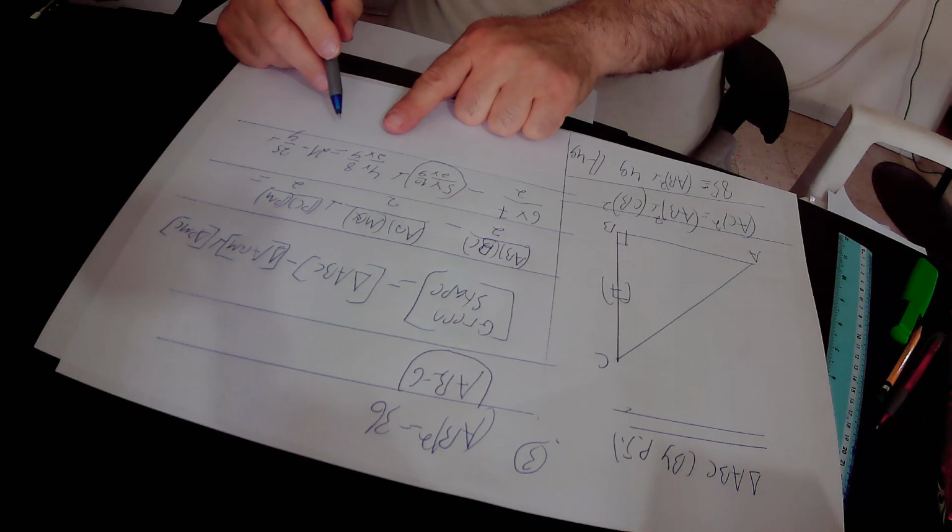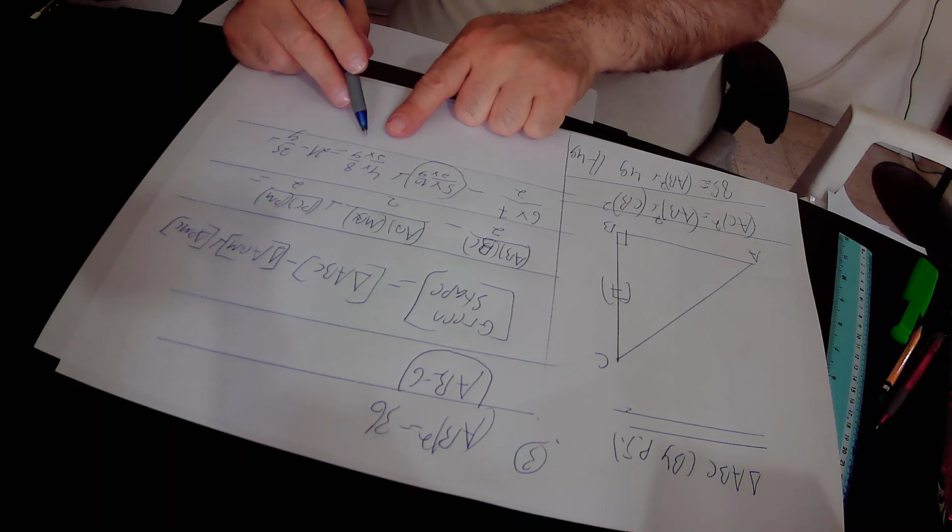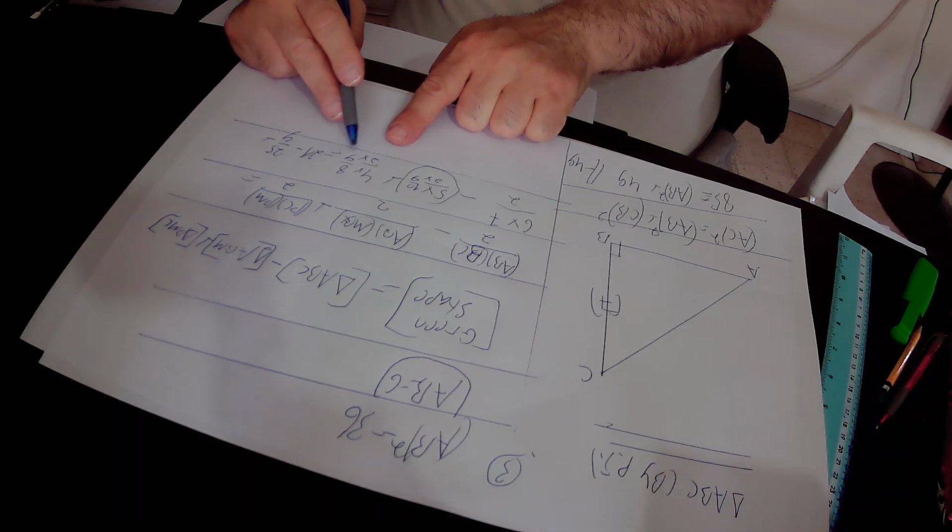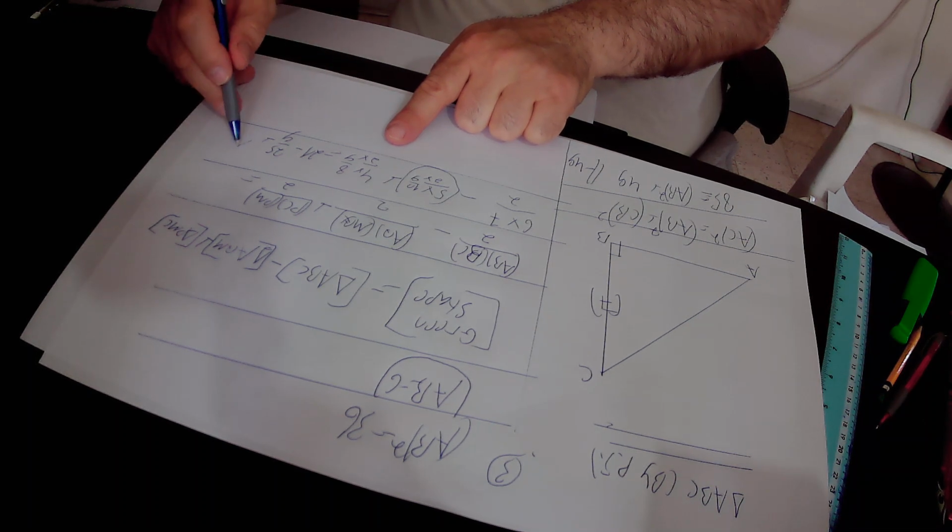Plus the area of the right green triangle PMC, that is equal to this expression, 4 times 8 over 2 times 9. 8 over 2 is 4, and 4 times 4 is 16. So in total, this expression equals plus 16 over 9.